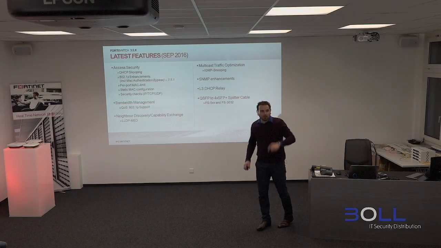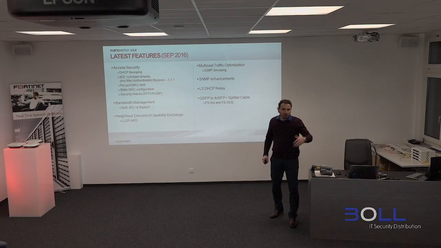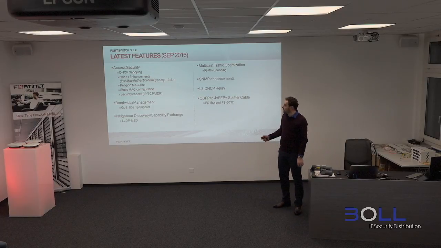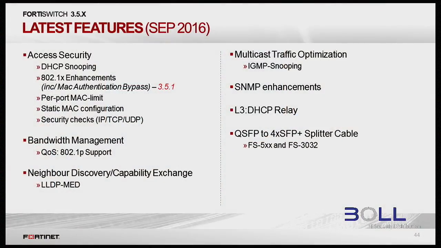Okay, so next, the latest version. In 3.5.1, we have added more functionality to user access control. The enhancements for .1x include MAC authentication bypass, and also LLDP-MED, so you can connect a voice over IP phone and get the right VLAN for the voice, and also have a data VLAN in the same port, with clients on the same port using .1x authentication.